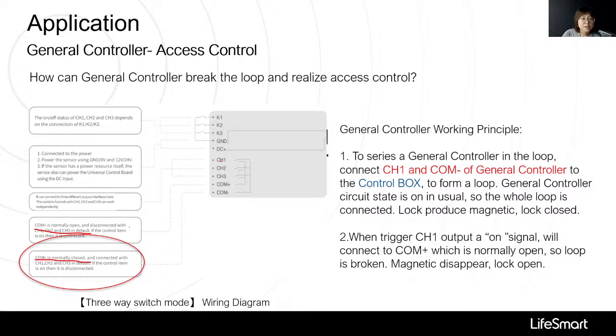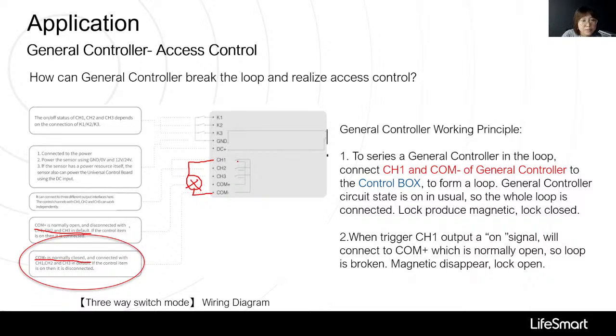That means if I connect CH1 and COM minus to a switch, because the COM minus is normally closed, if I connect this switch in this loop, it will always work and form a loop.